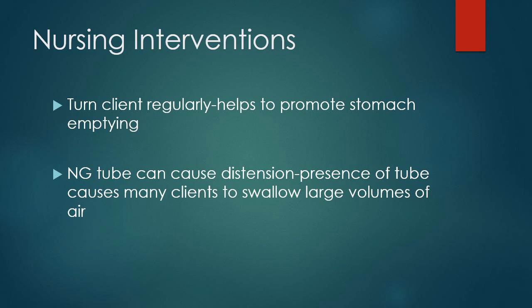That's again one of the reasons why that patient might have his tube placed to suction. But with a patient with an NG tube, we really have to do a thorough abdominal assessment on our patients on an ongoing basis to make sure that the abdomen is not getting too distended.